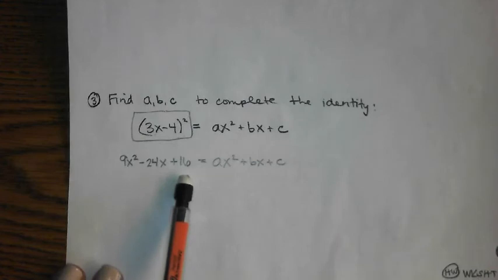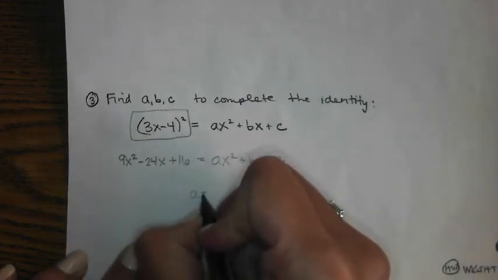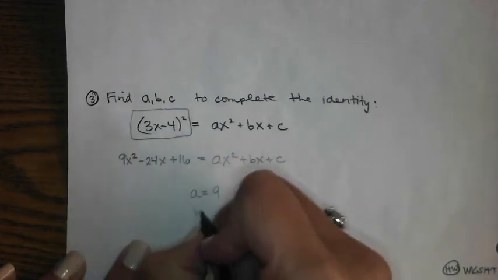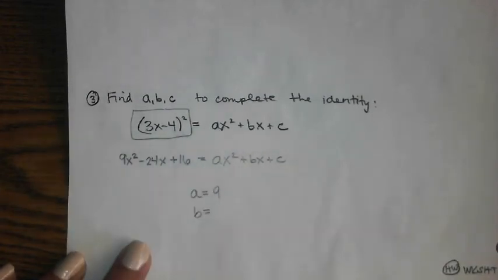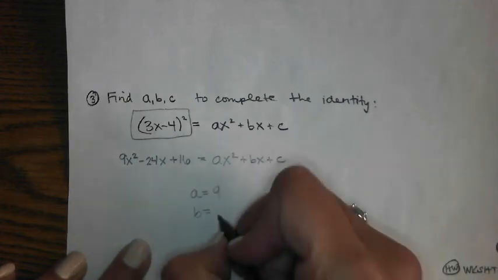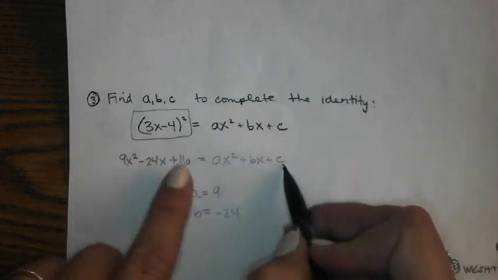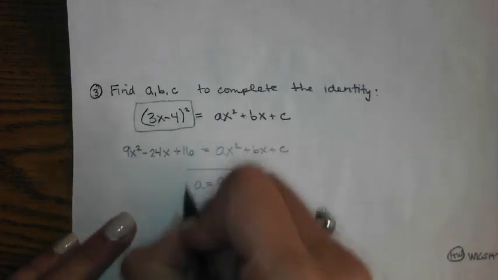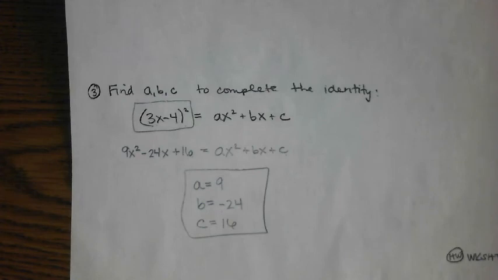This side is simplified. What would the a value have to be? 9. What would the b value have to be? What'd you say? Very good. Negative 24. And the c value would have to be 16. And so you found the appropriate values to complete that identity.